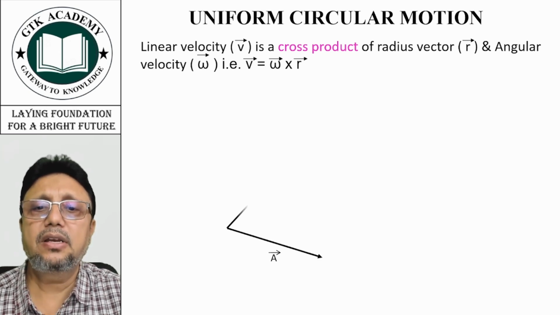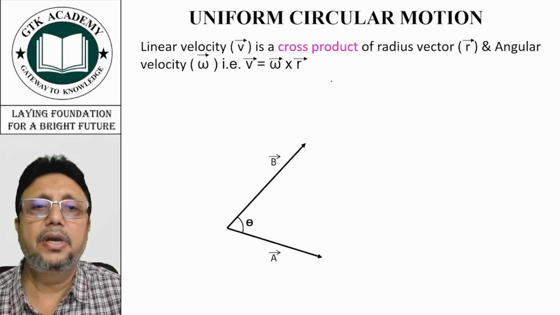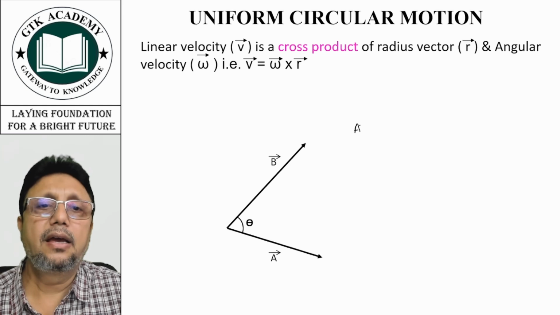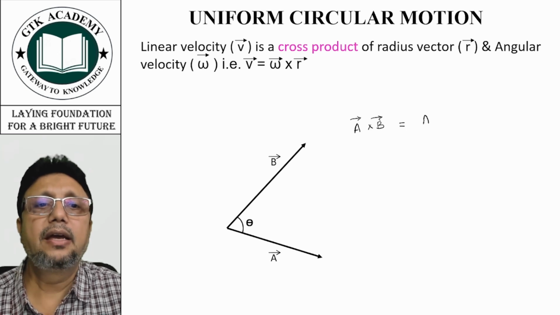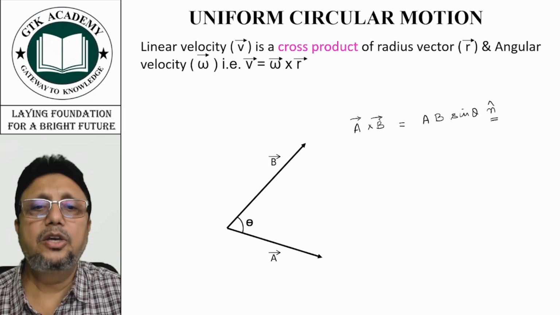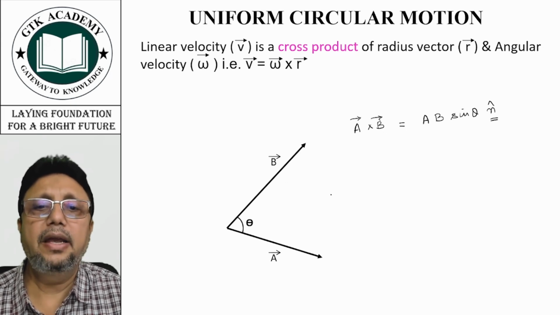Suppose this is a vector and this is b vector, and theta is the angle between a and b, then a cross b, which is a vector, that is equal to mod a, we represent by a, into mod b, into sine theta, sine of the angle between them, and into n cap. Now n cap is the unit vector perpendicular to the plane formed by a and b.